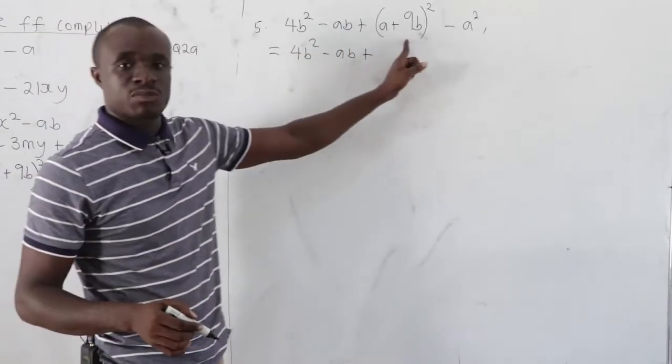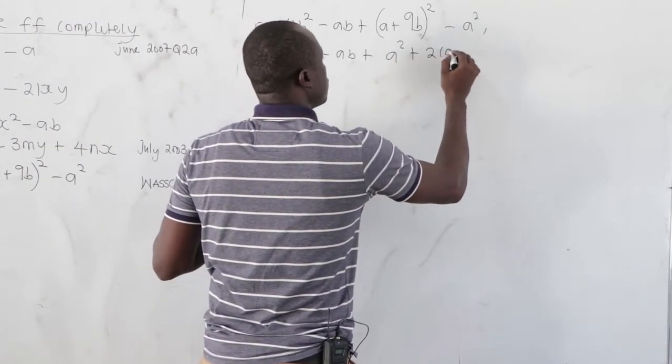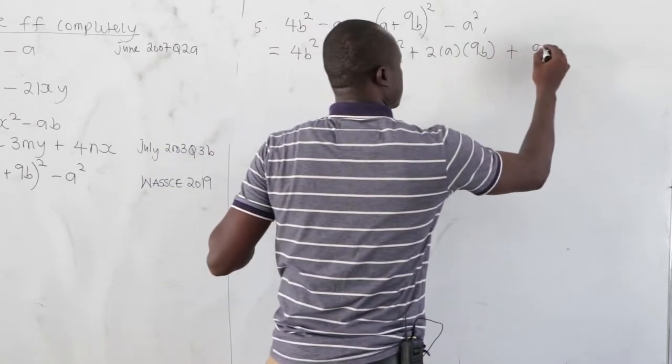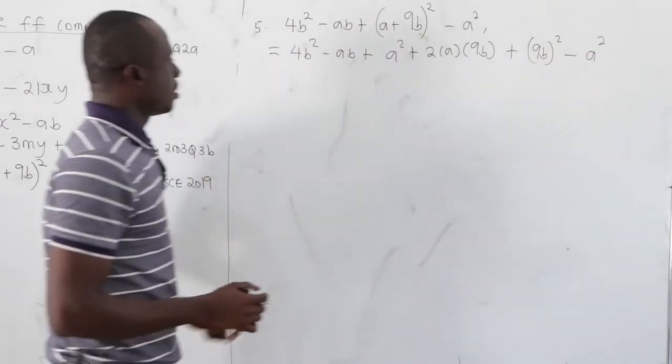Now when we expand this, we are going to get a squared plus 2a, and then we have our 9b, plus 9b all squared minus a squared.